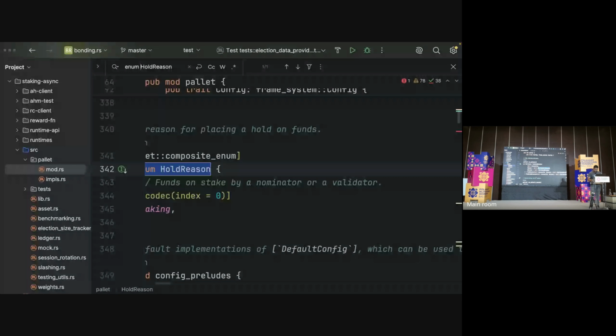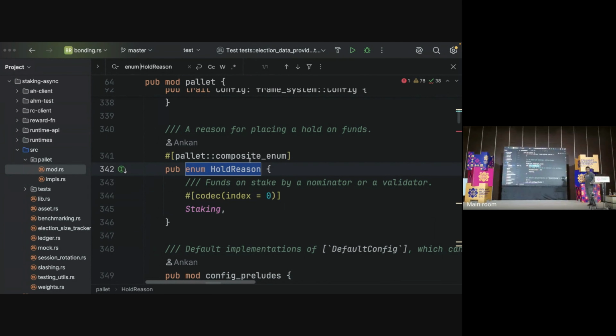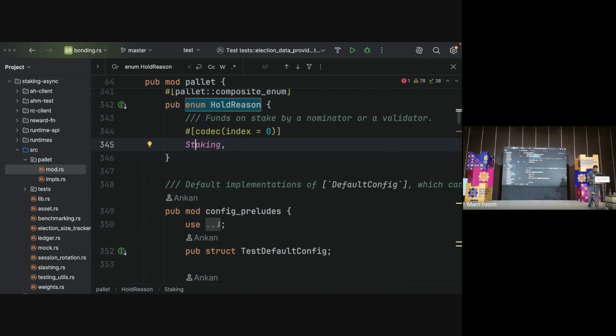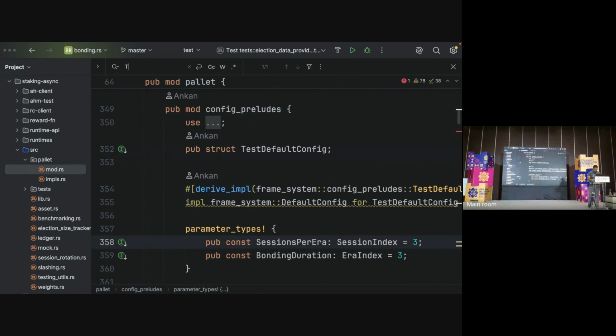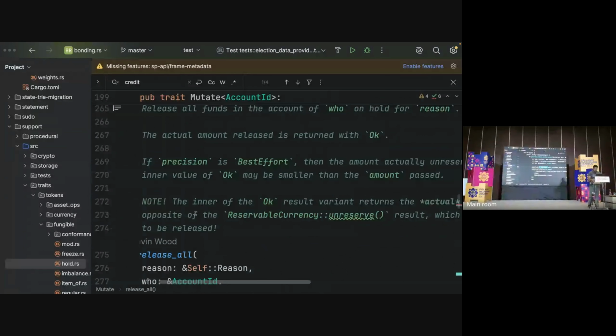But let's see. Okay, so we did this. You will probably also need to do this if you do hold mutate. What else? We need to define our hold reason. There should be an enum hold reason. You saw this syntax already. Pretty simple. And somewhere we should also be doing something like the currency hold, set on hold.